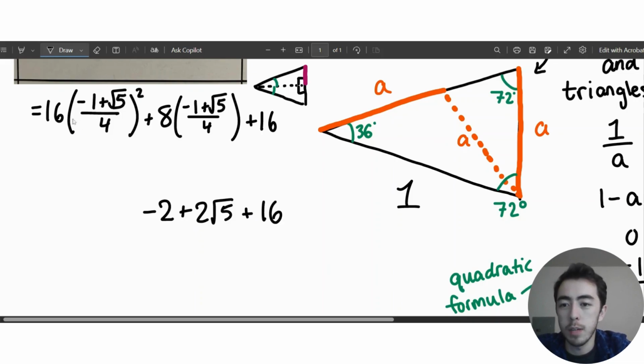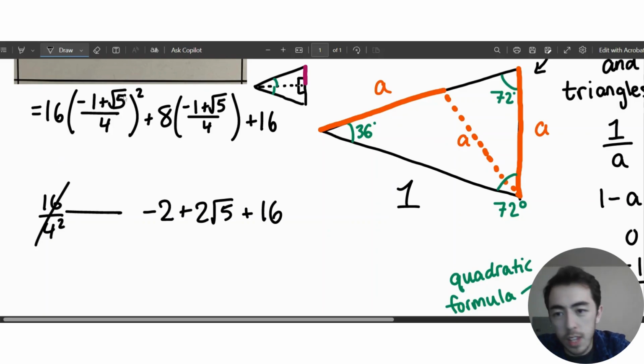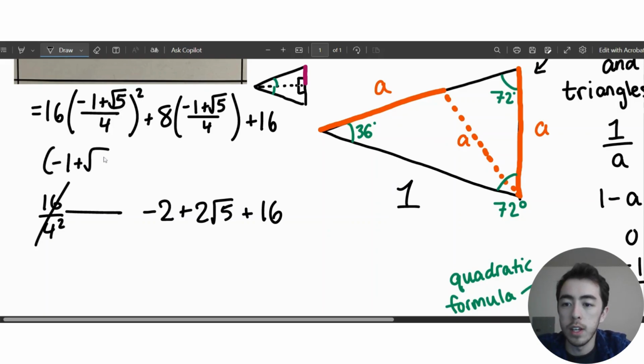And then let's think about squaring this one. When you square a fraction, you can square the top and square the bottom. 4 squared is 16, and so that'll actually cancel with the 16 on the outside. So the 16 over 4 squared goes away. And I'm only worried about what's happening in the numerator. If I just multiply these two binomials together, I could think about it in that FOIL method, where you just remember to do the first, outside, inside, and last.